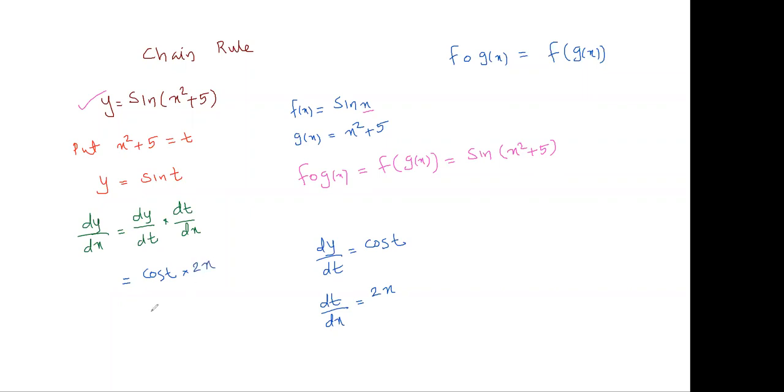So it is 2x into cos t, and substitute the value of t, which is x square plus 5. So the derivative of the given function y with respect to x is 2x into cos of x square plus 5.